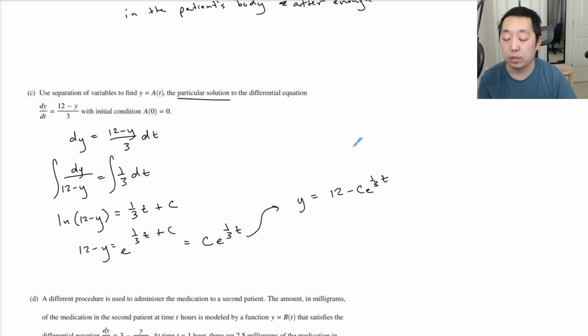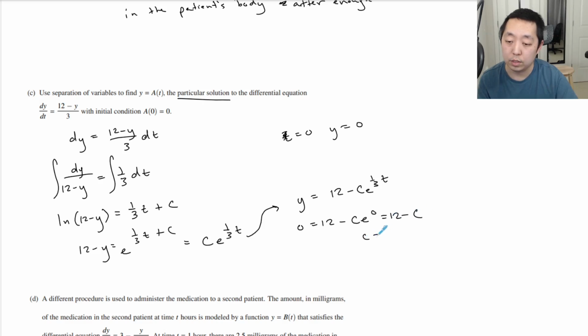That's the general solution. The particular solution means that when t is 0, y is 0. So 0 equals 12 minus c e to the 0, which is 12 minus c. So c is equal to 12, and y equals 12 minus 12 e to the 1/3 t.